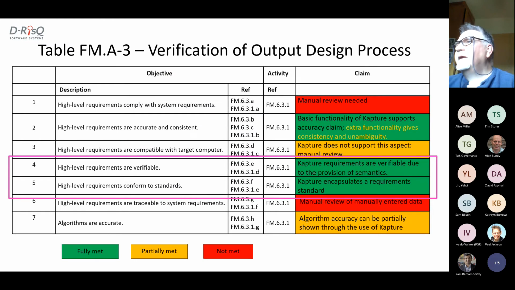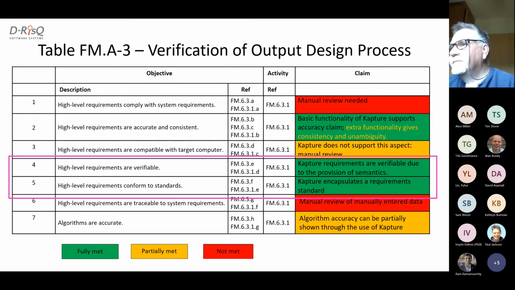So here is the table of verification objectives relevant to Capture, focusing on two. The high-level requirements are verifiable, and they're verifiable due to the provision of formal semantics that underlies Capture in terms of the structured English, and that they conform to standards because you're using a tool that polices what you can and can't do.